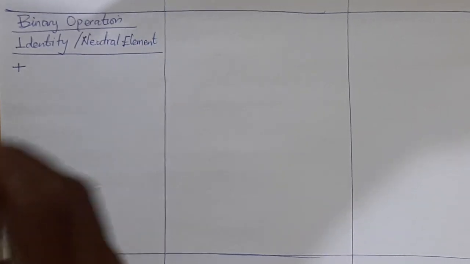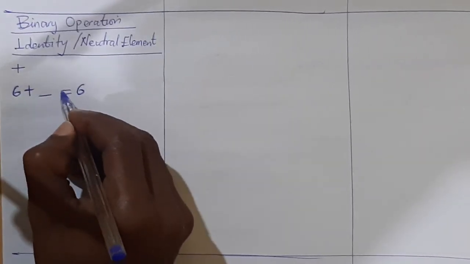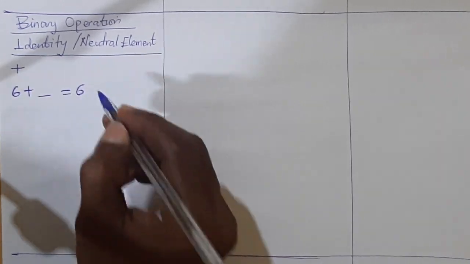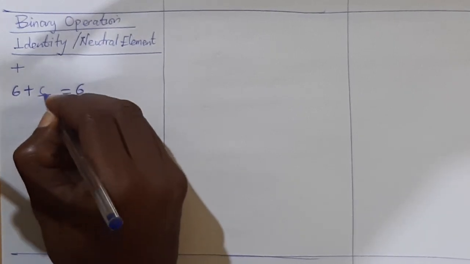If I have 6 plus a number, and the answer I need is 6, what number will you put here to give me the answer 6? Think about it. It is 0.